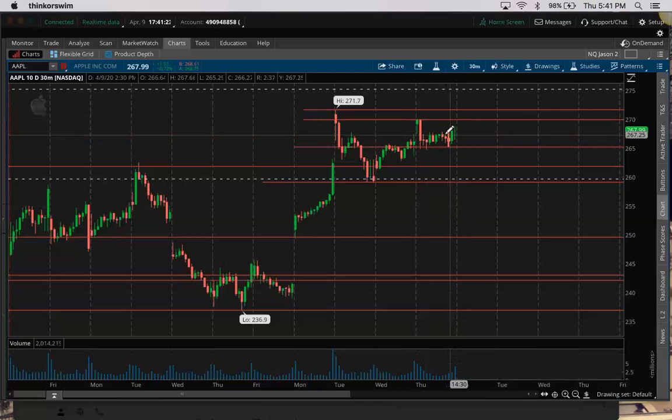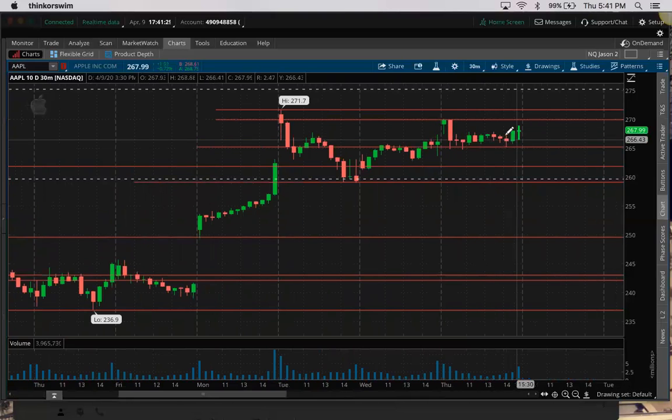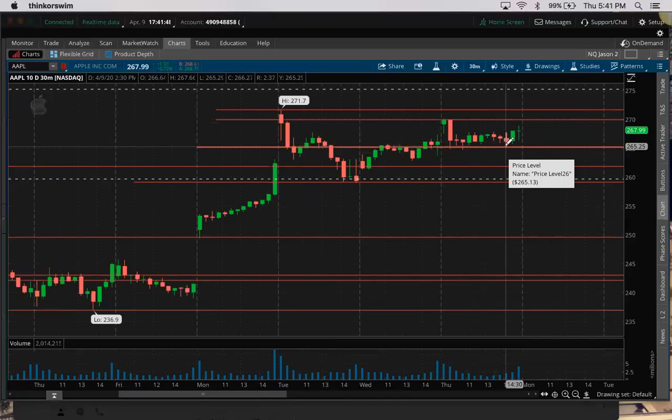So one other way to look at it would be, let me zoom in here. If this was green at first and you're like, oh, it looks like it's turning, we might be moving up, and then it obviously continues to go down, you can say, either I'm going to get out here because I know that it might go to this point, or you can say, if it doesn't break this support, I'm going to add a contract here and average down.